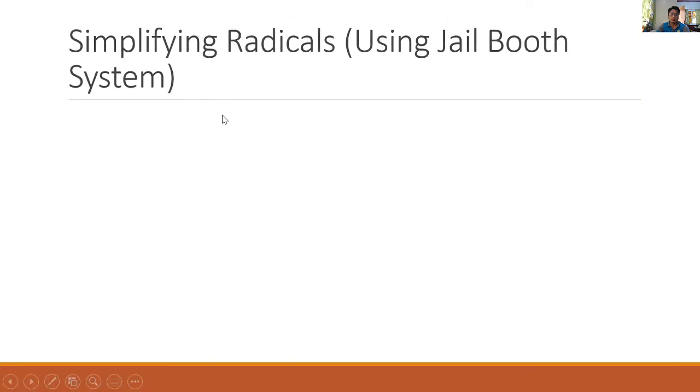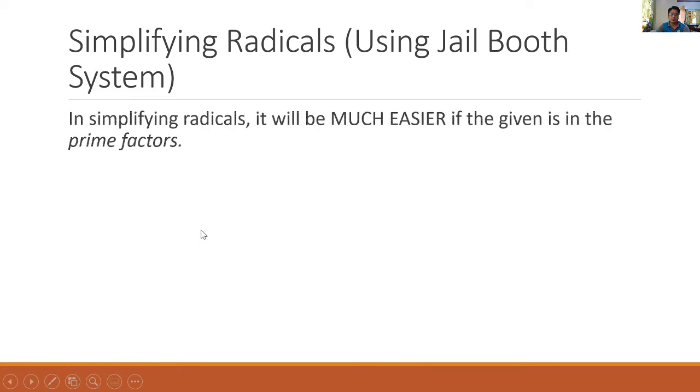Simplifying radicals using the Jailbird system. Ano yung dapat po nating tandaan? In simplifying radicals, it will be much easier. Okay, again, this will be, in my opinion, kasi may ibang pamamaraan at may iba mas nadadalian doon. But what I'm teaching you, yung sa palagay ko, mas madali. It will be much easier if the given is in the prime factors.